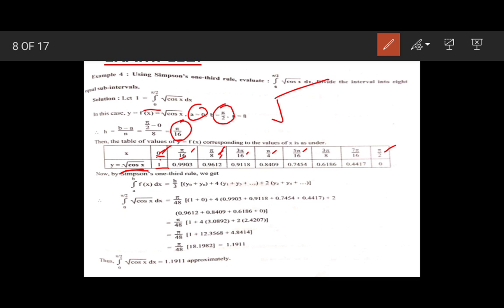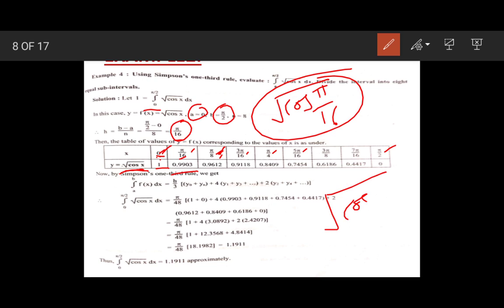I have to find root of cos pi upon 16, and that is equal to 0.9903. This value I can calculate by using the calculator. Then next is pi upon 8, so that will be root of cos pi upon 8, so y will be 0.9612. So like that I can calculate y values for all the x values by using calculator.